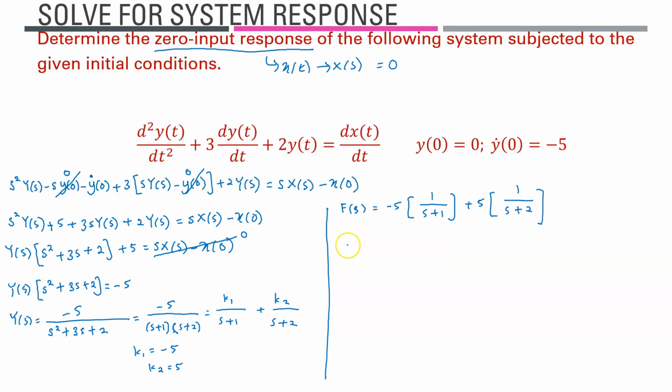So the inverse Laplace transform will be minus 5e^(-t) plus 5e^(-2t), u of t. So this is the zero input response of the system described by this differential equation.